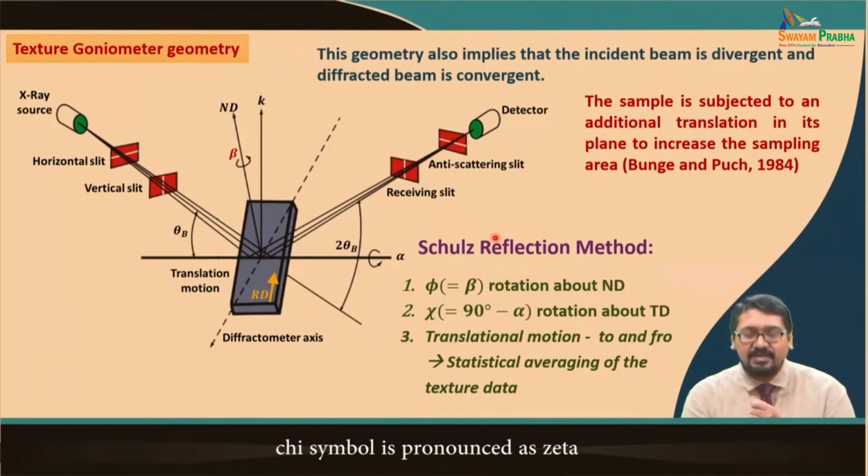The one thing that has to be satisfied in this is that phi is rotated along ND, zeta is rotated along TD, and there has to be translational to and fro motion for statistical averaging. And if all these three things are satisfied in an X-ray texture goniometer, then the texture measurement complies with the Schulz reflection method.